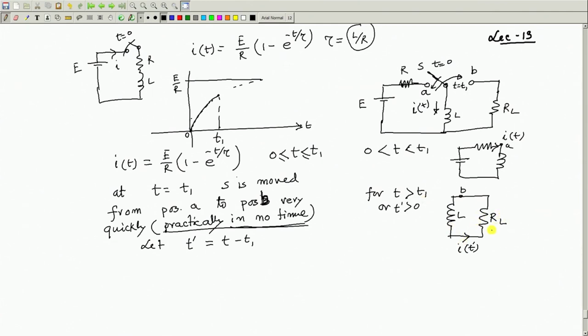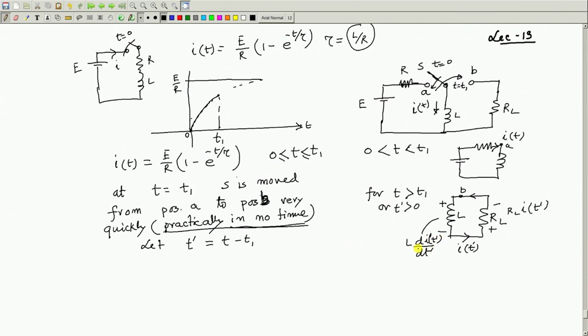So, the drop here will be, this is plus, this is minus, and this drop will be R L into I t dashed, with this polarity. Since current is flowing like this, the polarity of the voltage, as we have seen here, will be L d I t dashed d t dashed.